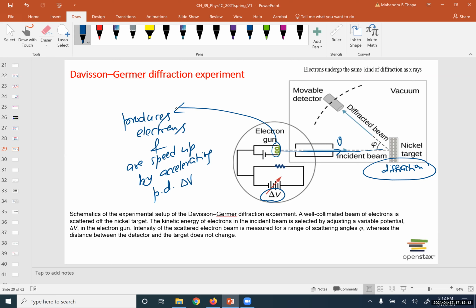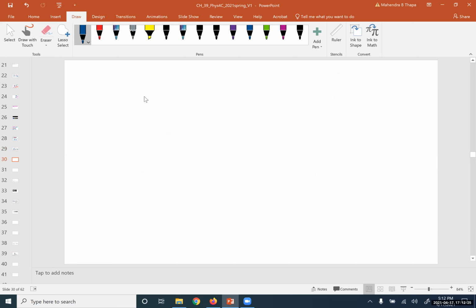Say, for example, in this experiment the accelerating potential difference is represented by delta V. From electrostatics, it is the work done per unit charge.